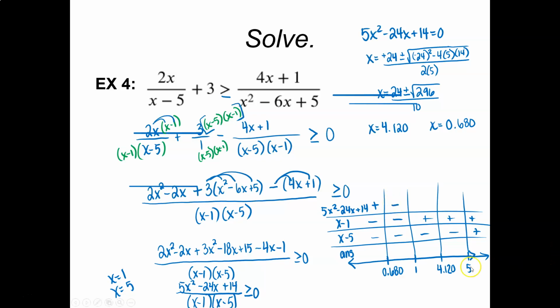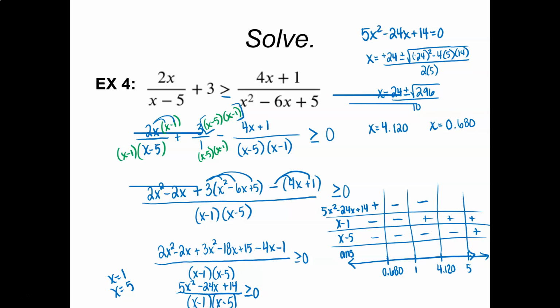I bet it's going to be negative for the next one because usually what you see with a quadratic is it dips below the x-axis and comes back up. So this next one I think is also going to be negative. If I plug in 5 times 2 squared minus 24 times 2 plus 14, also negative. And then I'm pretty sure for numbers bigger than 4, you're going to get positives.